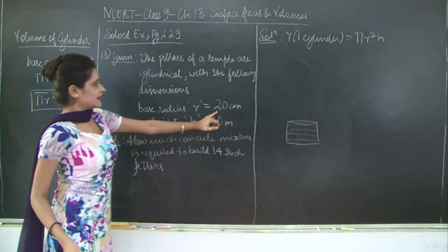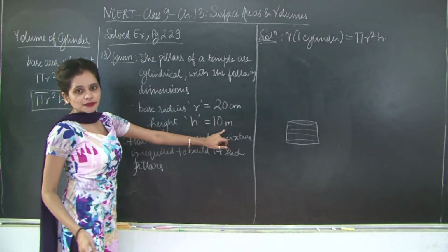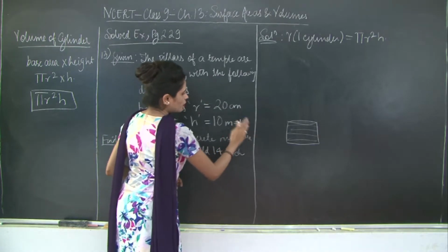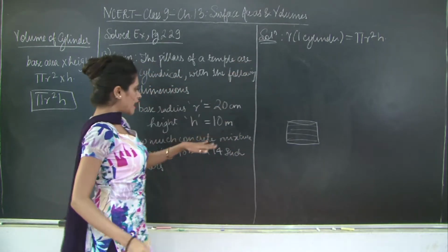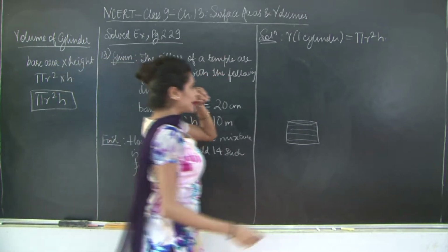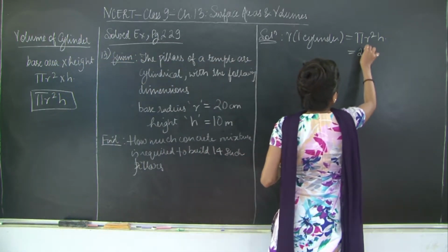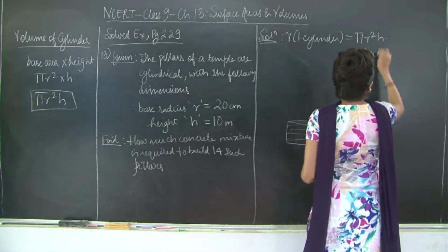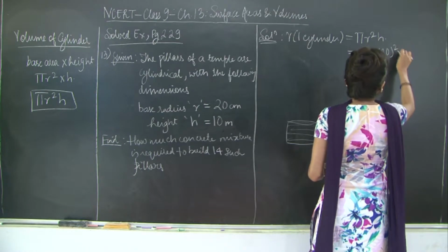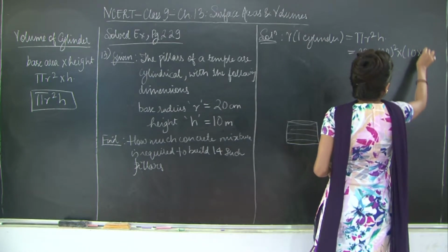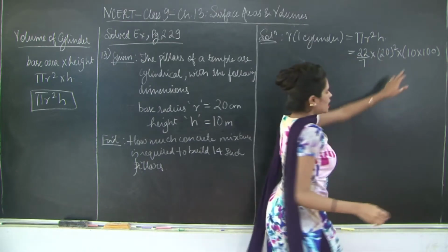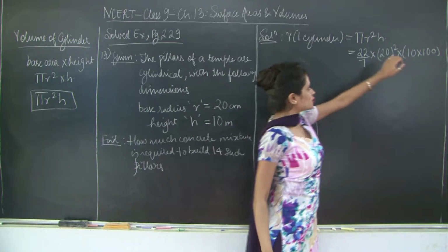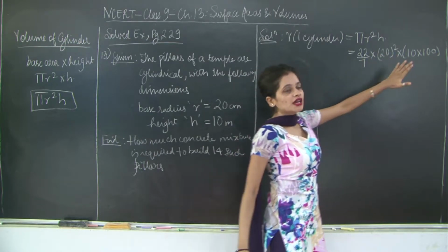Here we've been given the radius in centimeters and height in meters. So we will just convert the value for height into centimeters. I'll say 22 upon 7 into r square, which is 20 square, into 10 into 100. Why? Because 1 meter is equal to 100 centimeters, therefore 10 meters is going to be 10 into 100 centimeters. So now this makes our entire equation into centimeters.